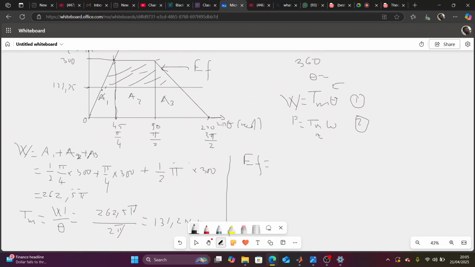Since this one is area 1, can I try to name these ones on top here? You can call them a1 prime if you want, right? Okay, a2 prime and then a3 prime. So we know we're going to have a1 prime plus a2 prime plus a3 prime.